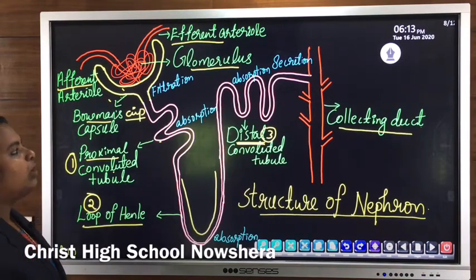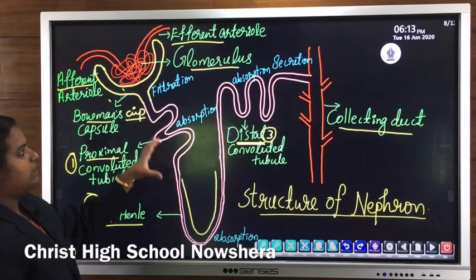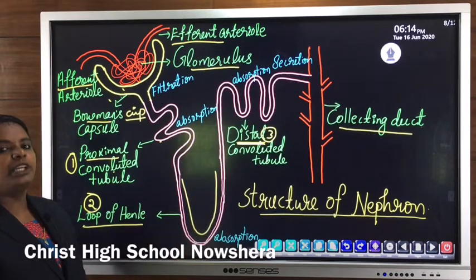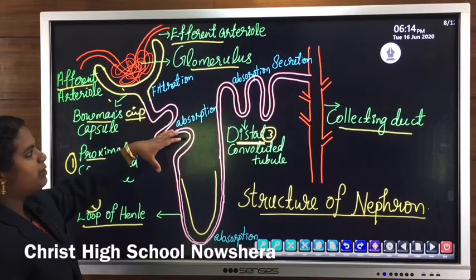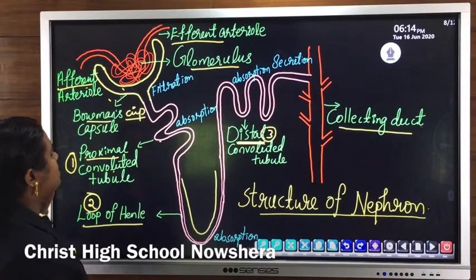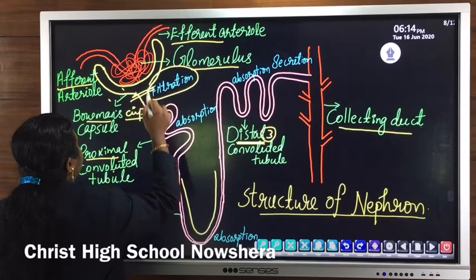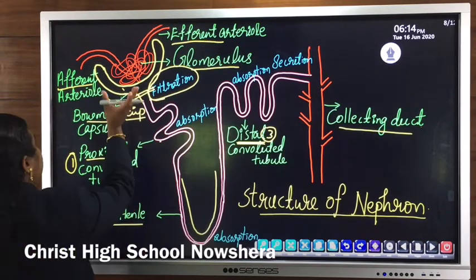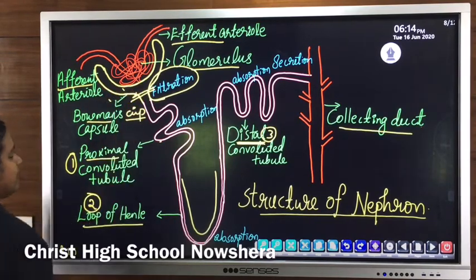Clear? Then at the time of formation of urine, three important processes take place: filtration, absorption and secretion. The main function of Bowman's capsule is filtration. The filtration of substances takes place from this cup-shaped structure, known as Bowman's capsule.